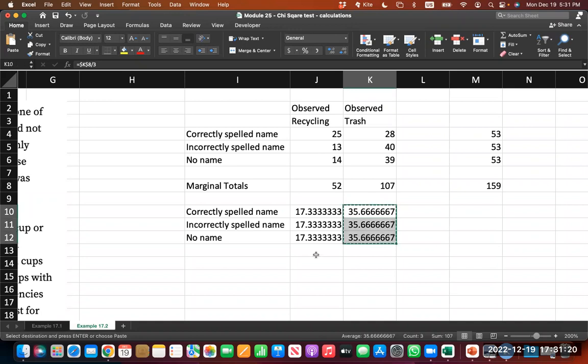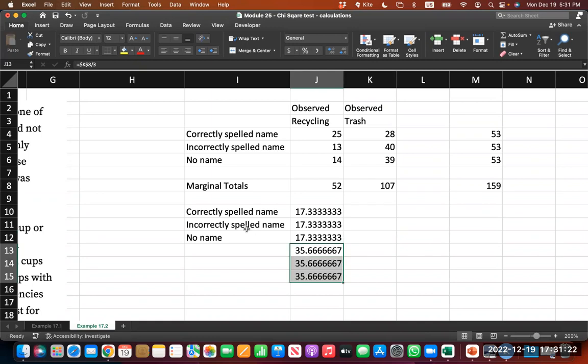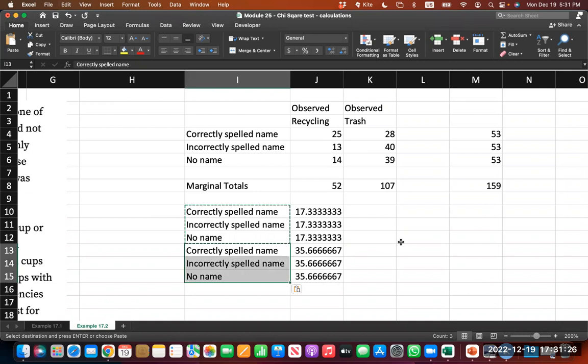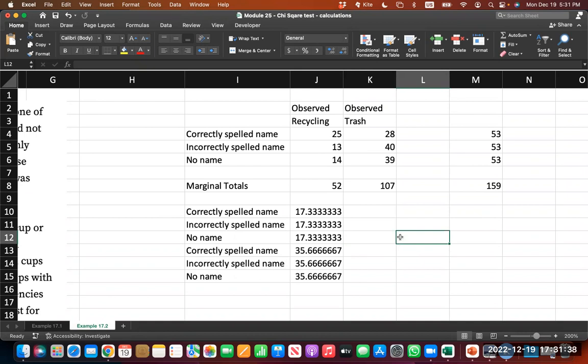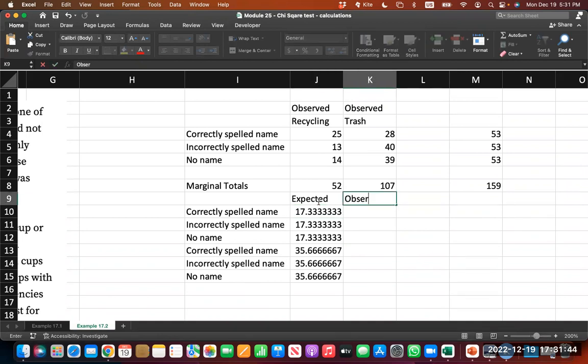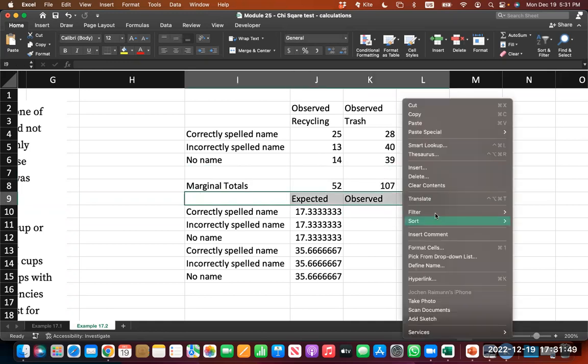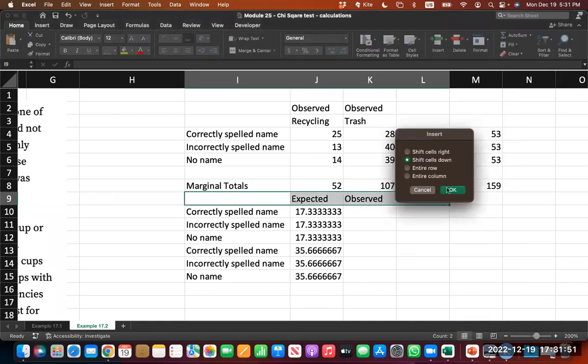So now we are again aligning this. I'm bringing it again in long format because that's our expected, and now this is observed. Your observed just needs to come down from the 2 by 2 table.